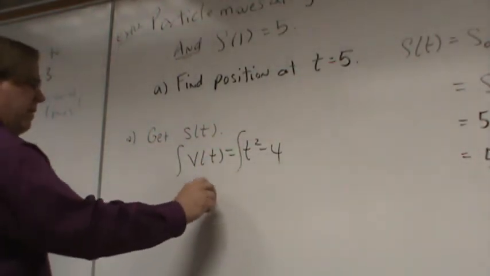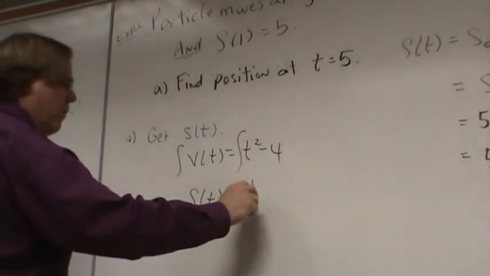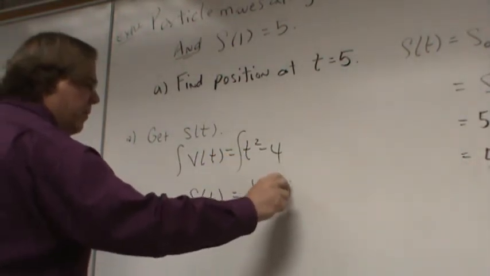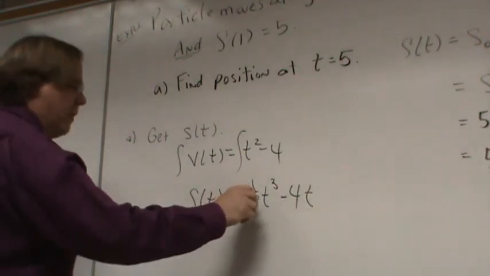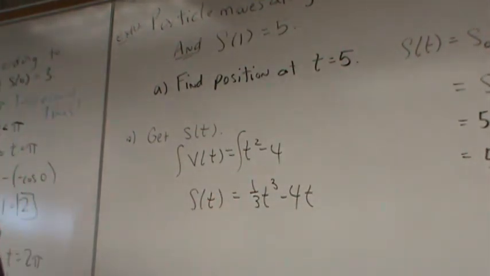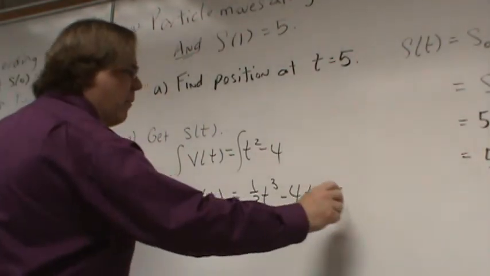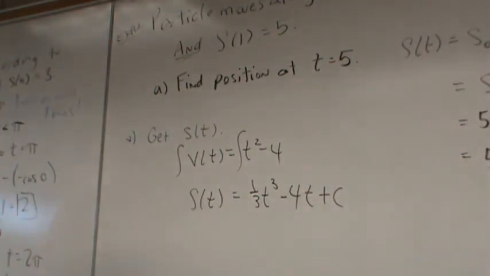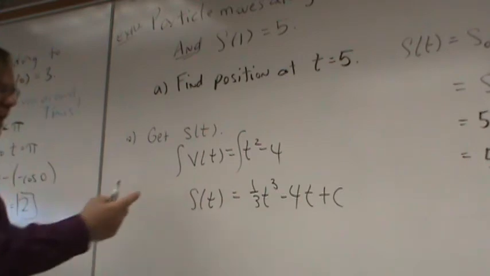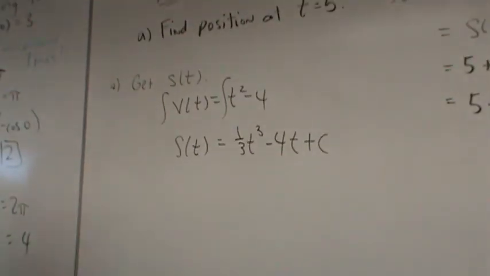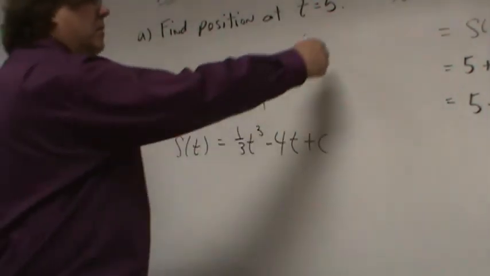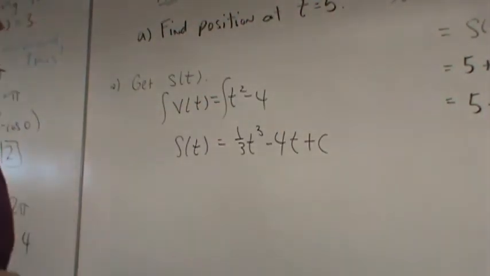So this time, here I get s of t, and here I get 1/3 t to the third minus 4t. But what else am I going to have to include on the right side of this equal sign? Plus C. Yeah, plus c. And now we're going to go ahead and get c. And the way you're going to get c, you tell me, how am I going to get c? Yeah, good for you. Plug in a 1 and a 5 for s of t.